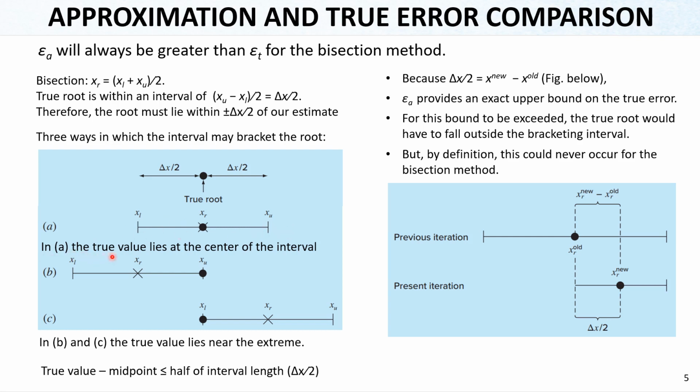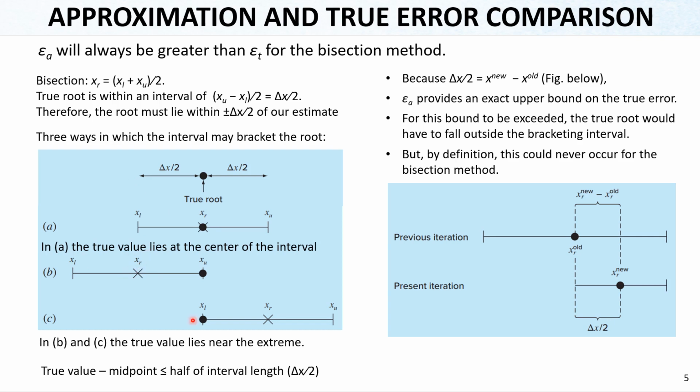And in A, the true value lies at the center of the interval here. In B and C, on the other hand, we selected this, then we take this as xu and xl, and between xl and xu we will have the midpoint again.